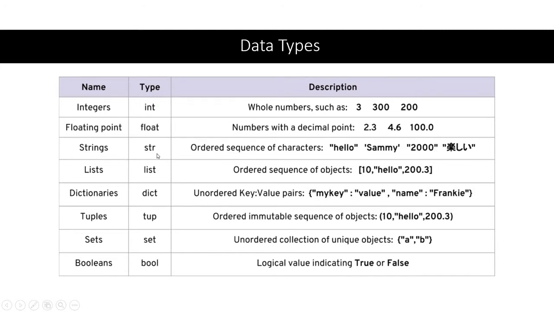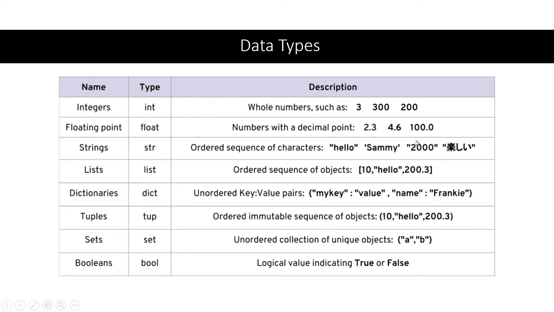Strings, str. These are ordered sequences of characters. What that means is any word, any characters that you are using in an order. So you see here hello, Sammy, 2000, this, because there's quotes around it, is a string.